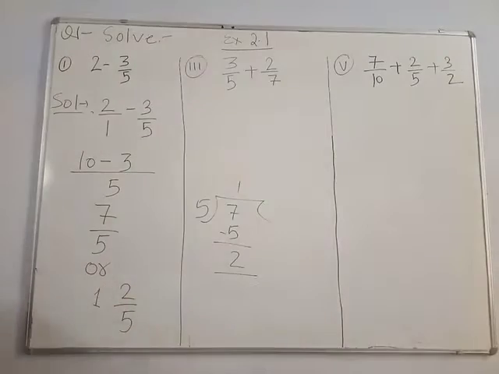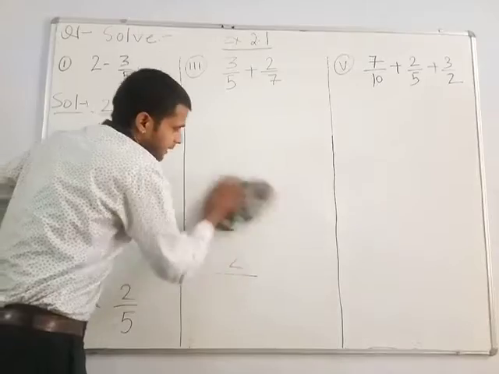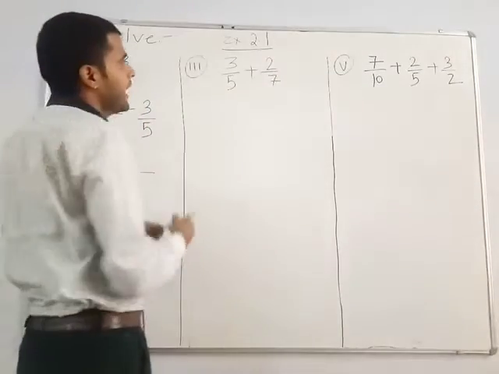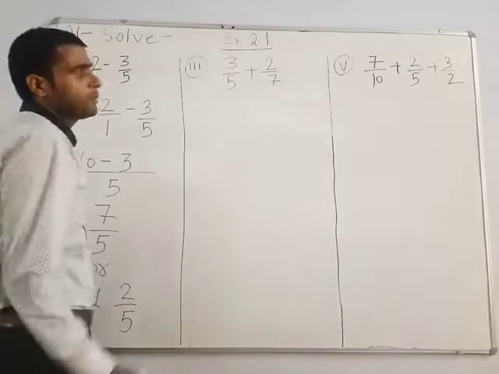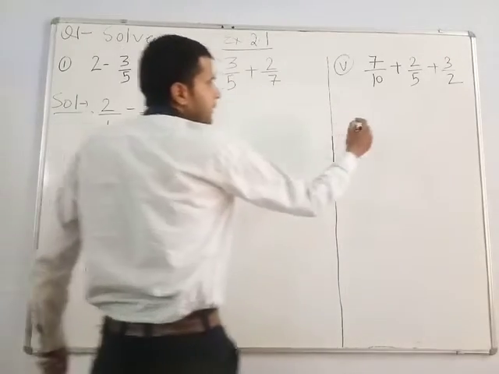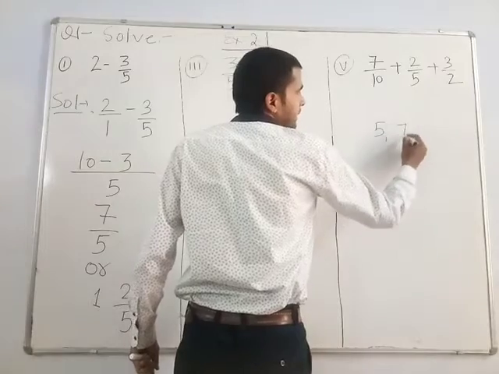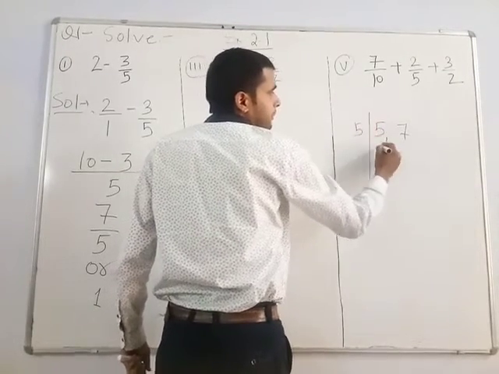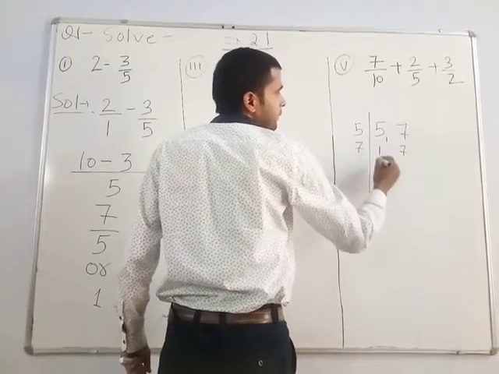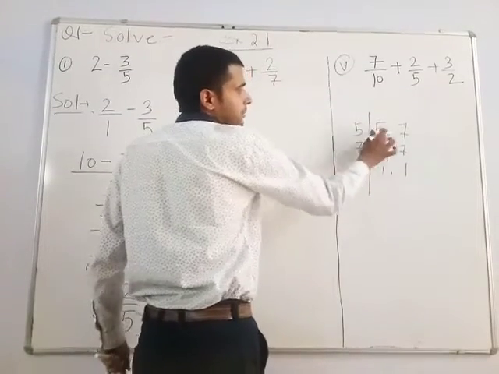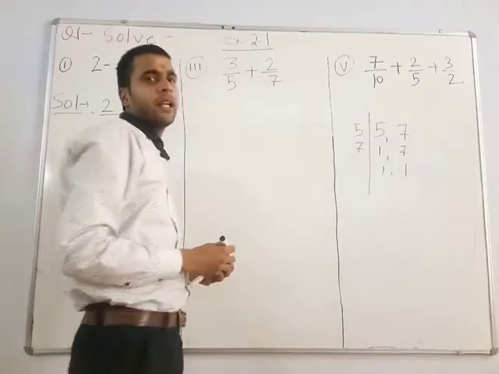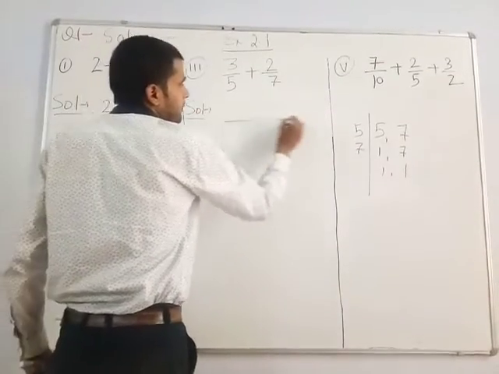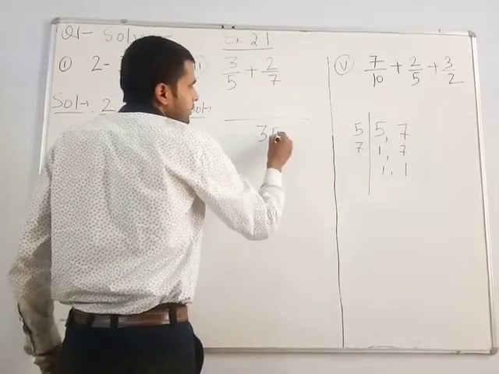Then the third question. The third question is 5 and 7. You have to take the LCM of 5 and 7. First 5, 1, 7. Then 7, 1, 1. So the LCM of 5 and 7 is 7 times 5, which is 35.